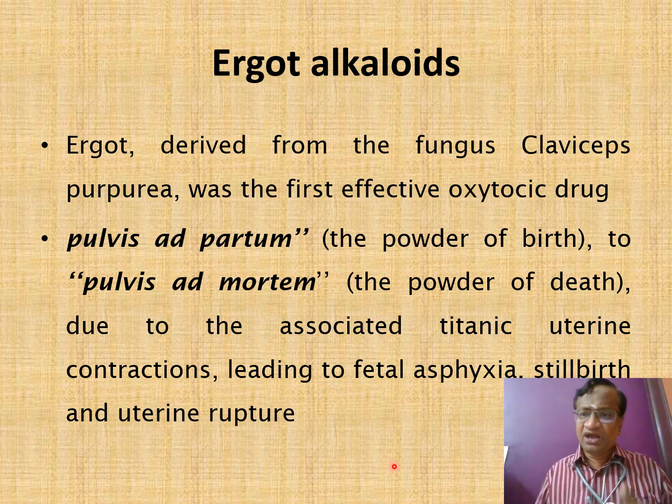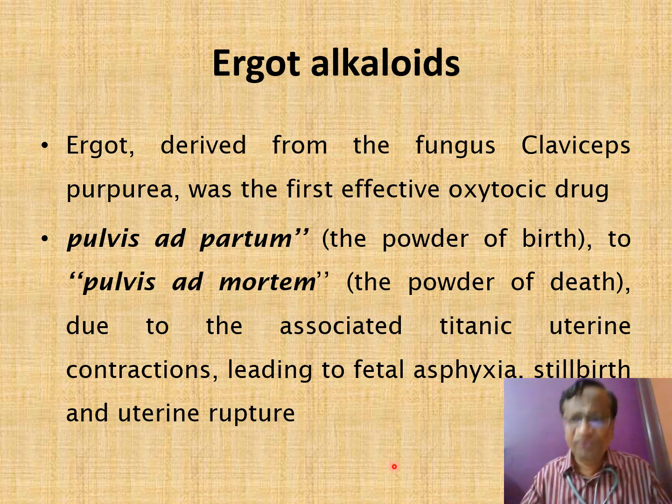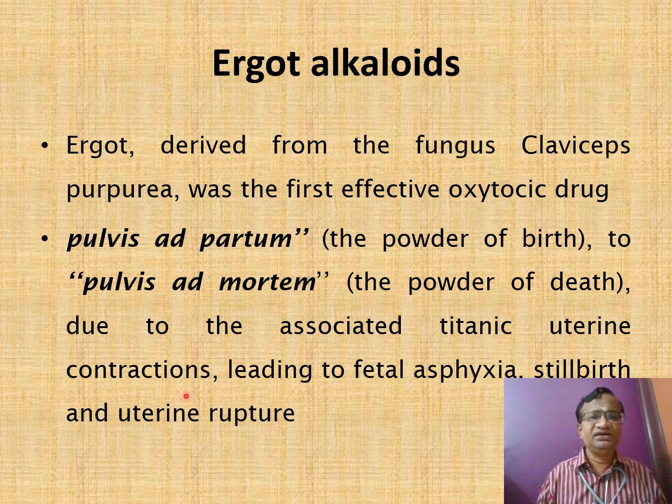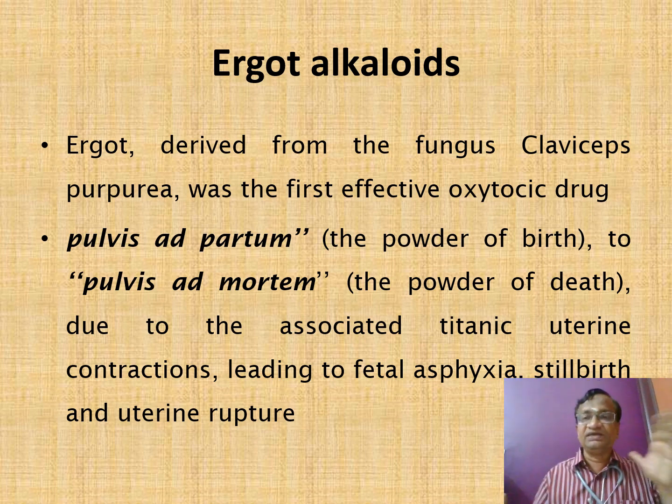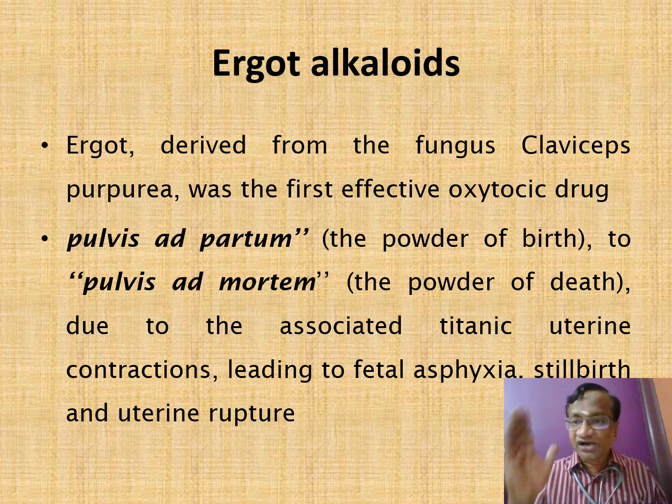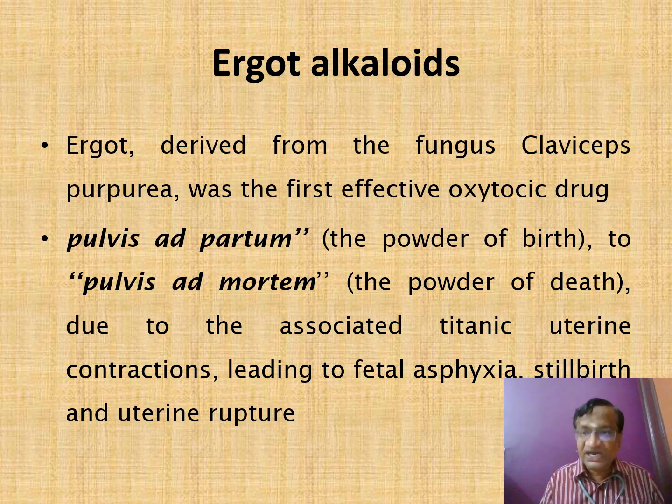If you give methergine before delivery, uterine contractions, fetal asphyxia, death, uterine rupture, stillbirth, so many things happen. That is why they said it is a powder of death. They started using that as powder of birth, and it became pulvis ad mortem, the powder of death. That is the problem with all these ergot alkaloids if we use them as a uterotonic drug before the delivery.